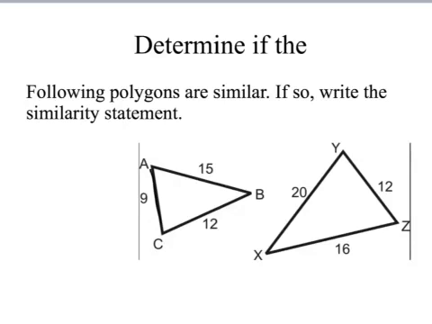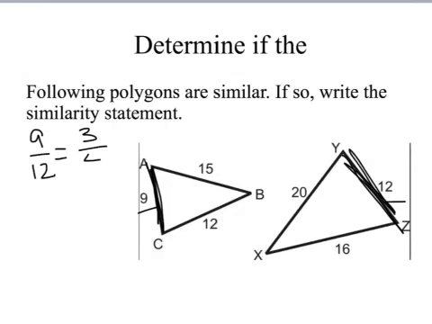Assuming that AC goes with YZ, because they're both the smallest sides, 9 and 12 are the smallest sides on their individual triangles. 9 over 12 simplifies to 3 over 4.